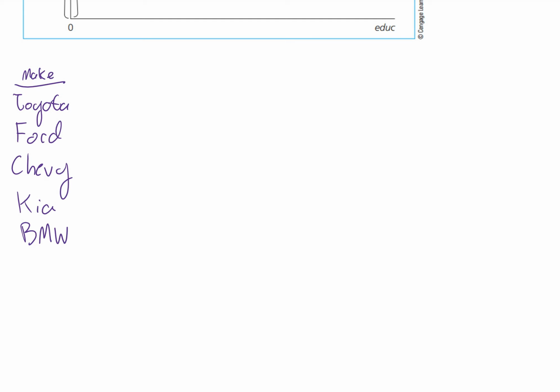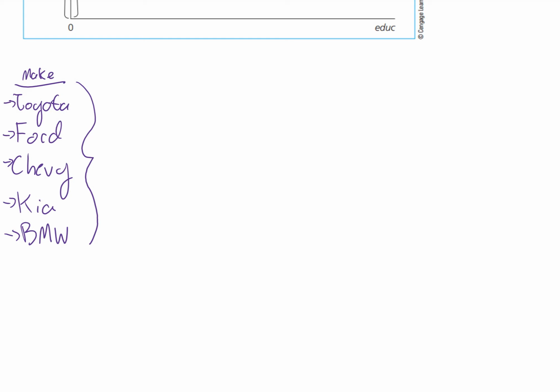Okay, so we've got these different categories that we could possibly be in, and it's more than just two, more than just male or female. We've got multiple categories now. So how can we deal with this? Well, if we wanted to see the effect of make on something like price, for example, then we could just turn this into a series of dummy variables.